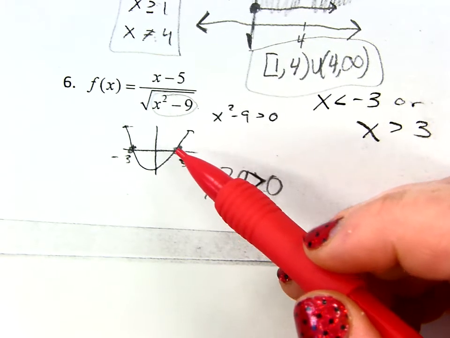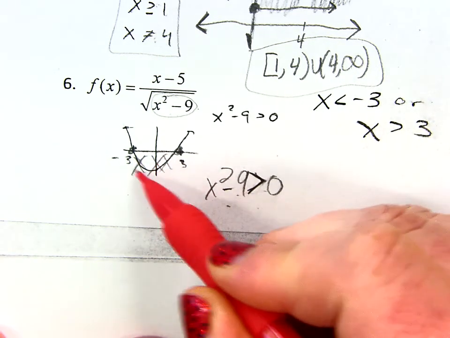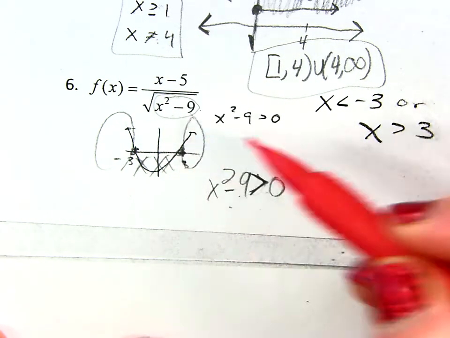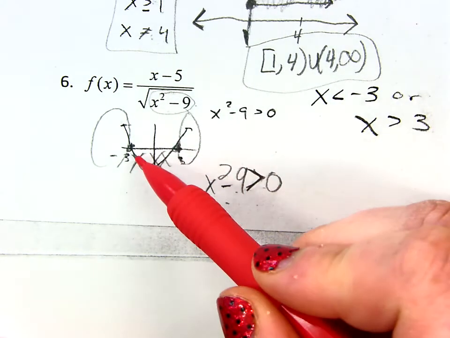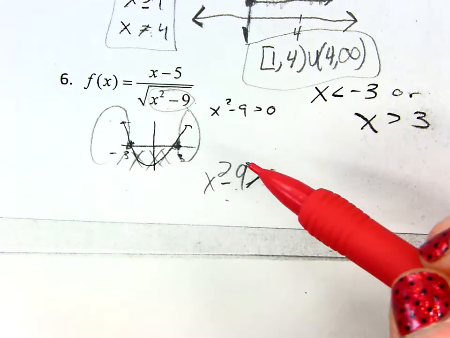Where is this function negative? In between negative 3 and 3. So I can't have this in my range. What can I have? This area and this area is totally fine. So where is that? That is when x is less than negative 3, or greater than positive 3.